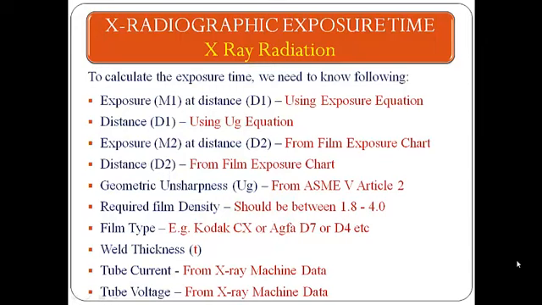Film type we must know, for example, Kodak CX or AGFA D7 or D4. Weld thickness T, tube current from X-ray machine data and tube voltage from X-ray machine data.